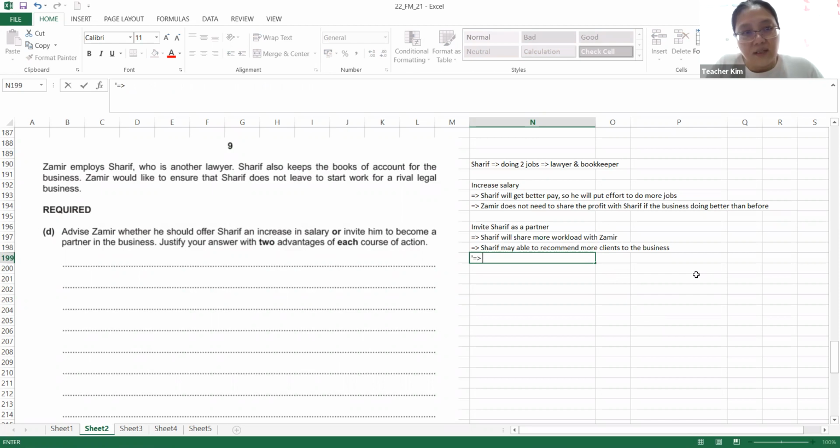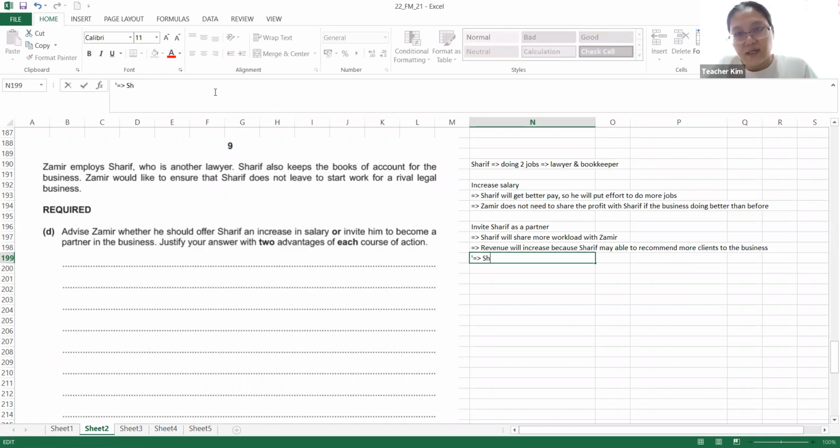What else can we think about? As a partner, the benefits of a partnership: workload can be shared, profit, and revenue will increase. What else is a possible benefit as a partner? Share the skill.